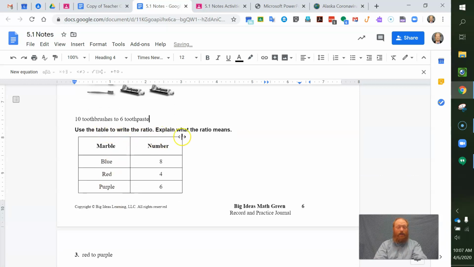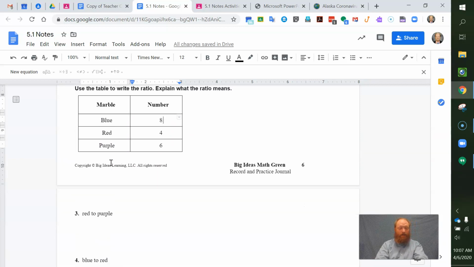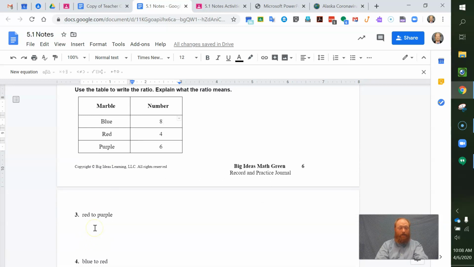Use the table to write the ratio. Explain what the ratio means. Marbles, we have, oh, here we are. So, red to purple. For every 4 red, 6 purple.